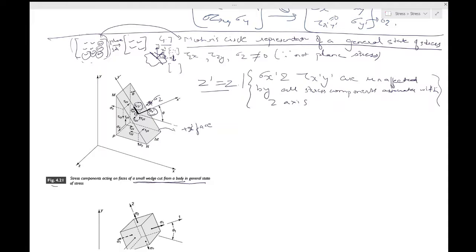This results from the fact that for force equilibrium in the x dash and y dash directions, the contributions of the components tau zx and tau yz acting on the plus z face of the wedge are exactly balanced by those components tau zx and tau yz acting on the minus z face.